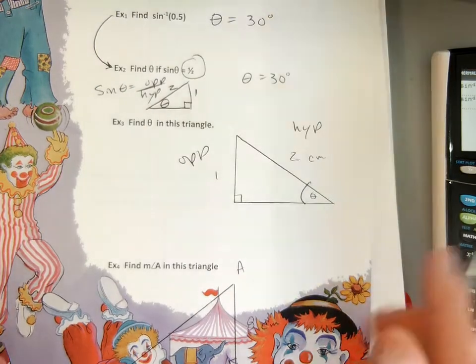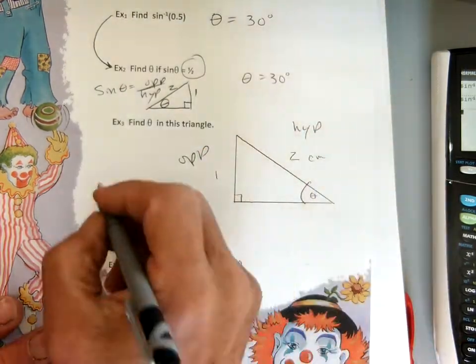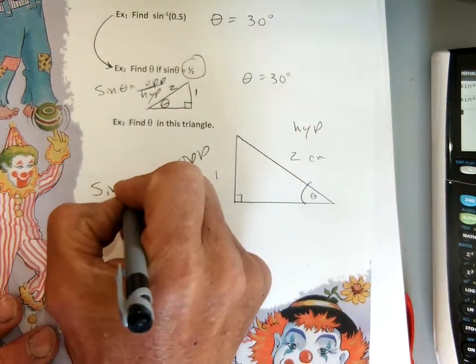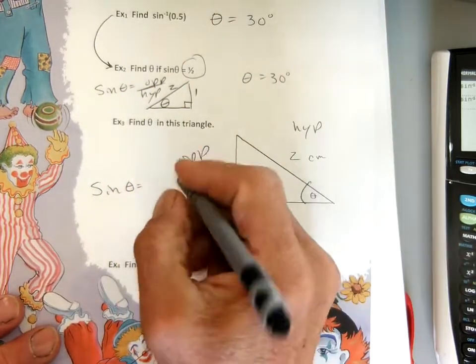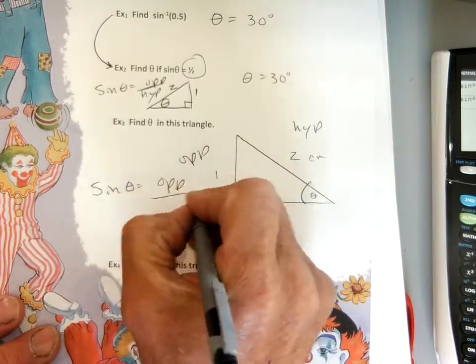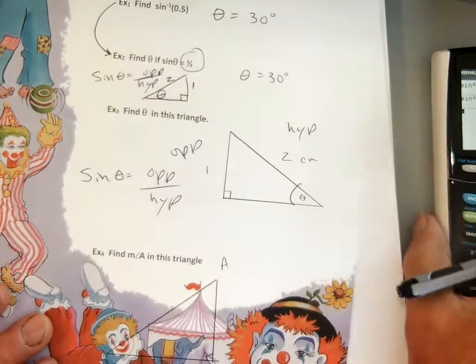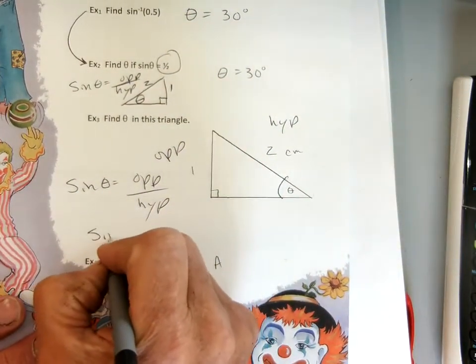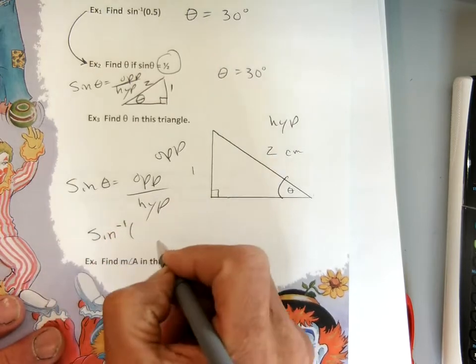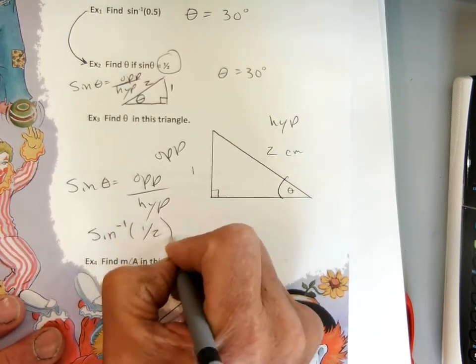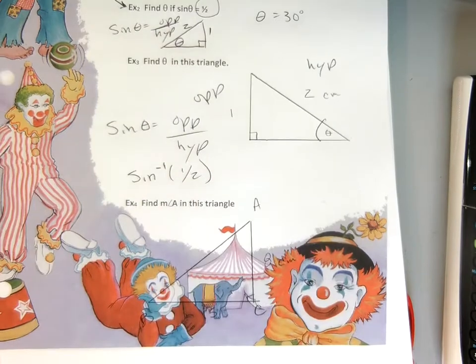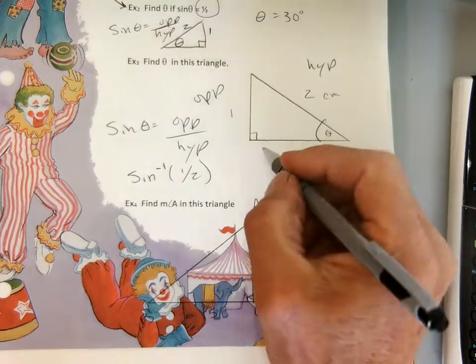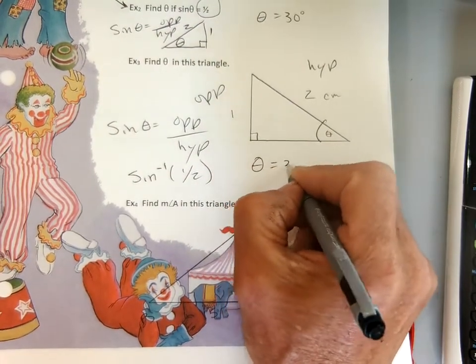But we set it up: sine of theta equals my opposite over my hypotenuse. I would have to find the angle, so it's the sine inverse of my opposite over my hypotenuse. See how I set it up? And sure enough, you're going to get the same answer, 30 degrees.